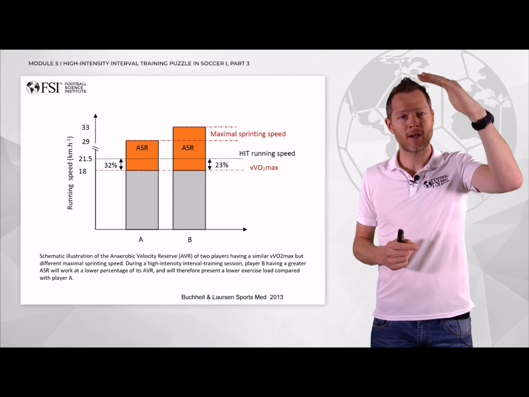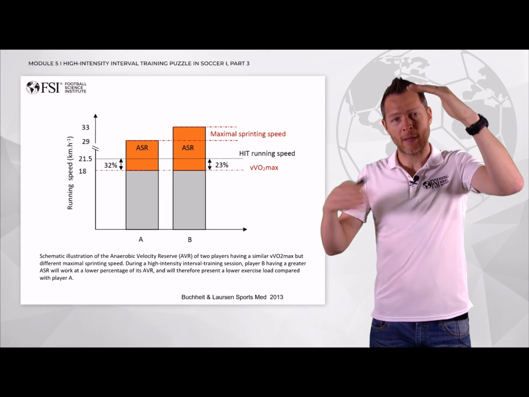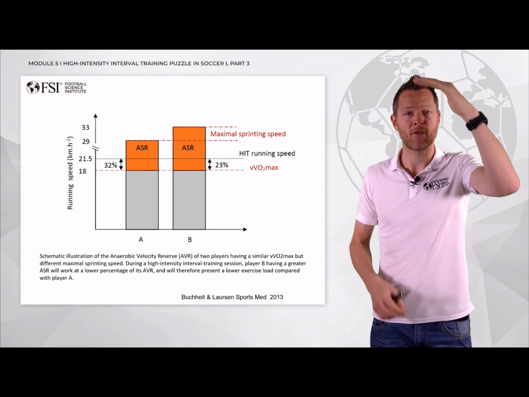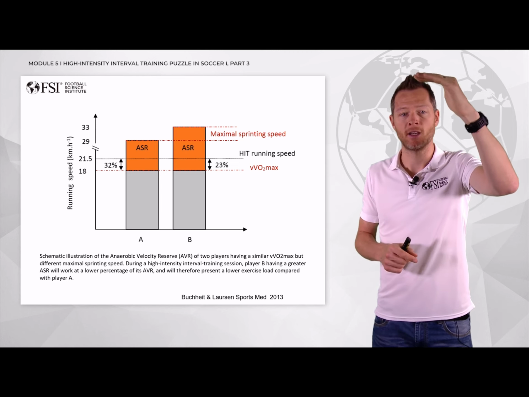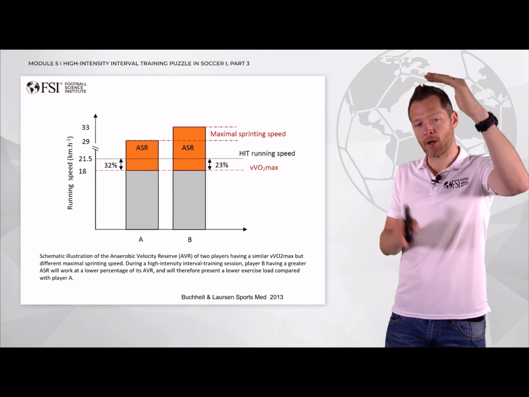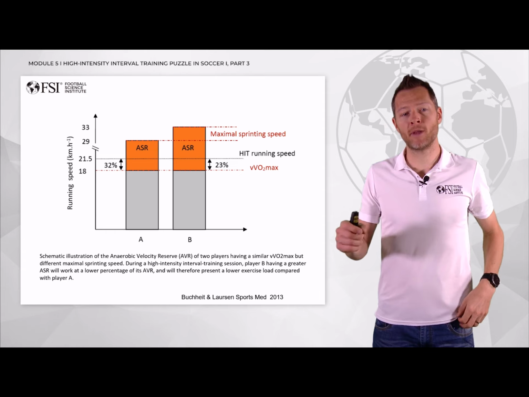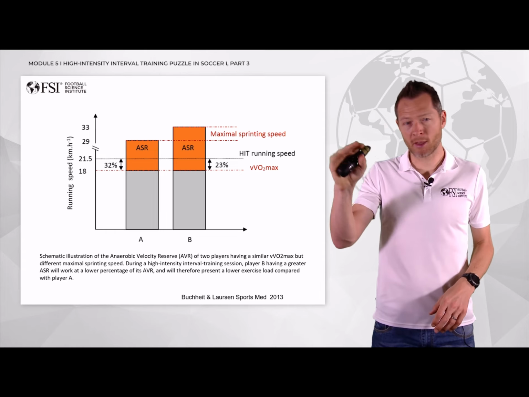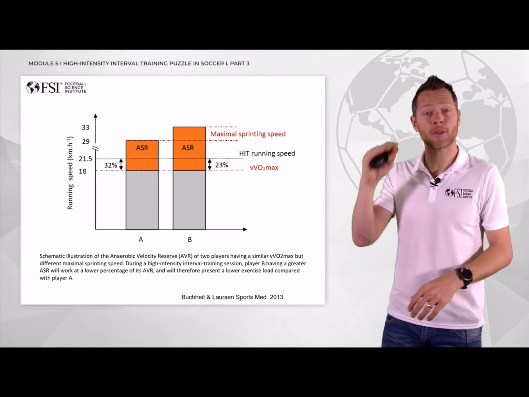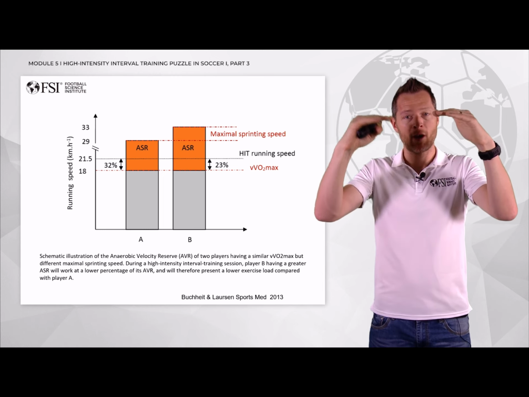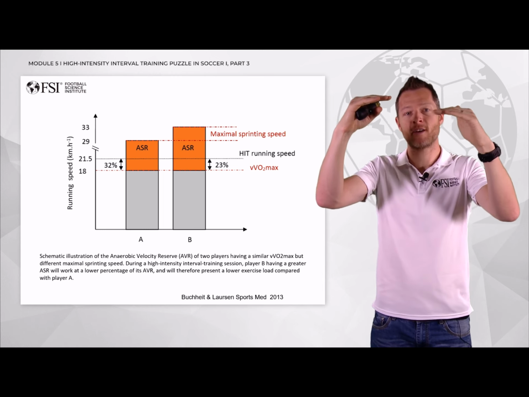That's the maximal locomotor capacity of the athletes, how fast they can run maximally. In that example, player A can run at 29 maximally, player B probably 31 or 32. So we have an averagely fast player and a fast player.